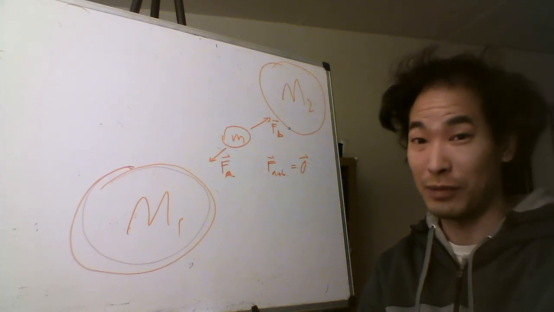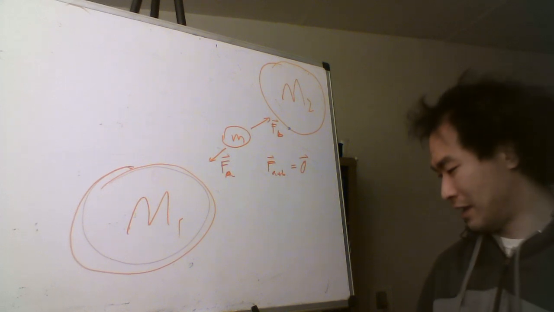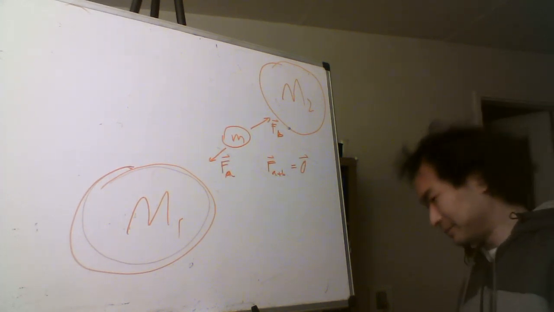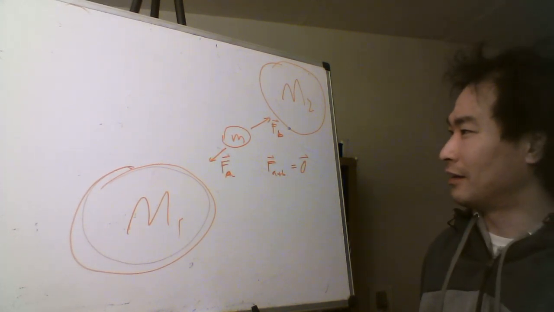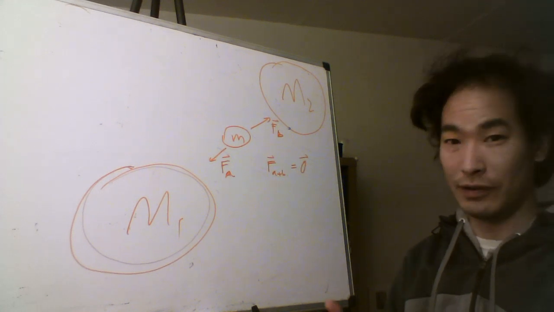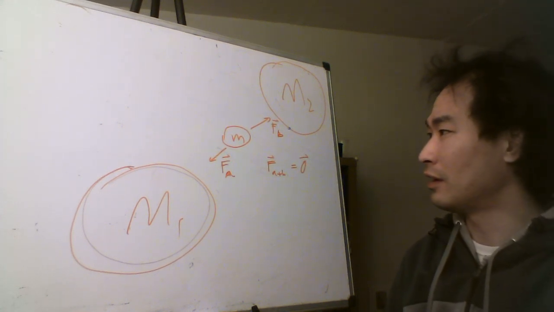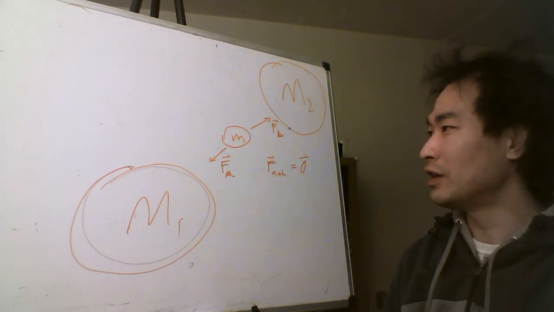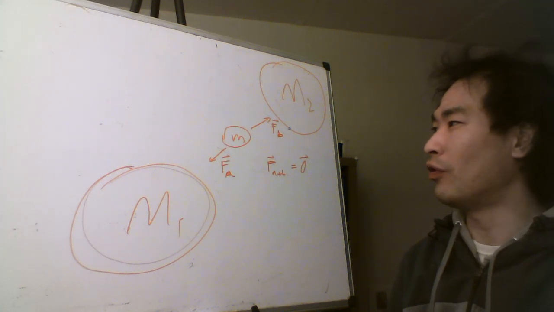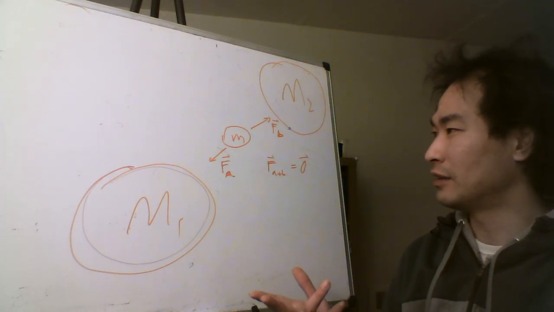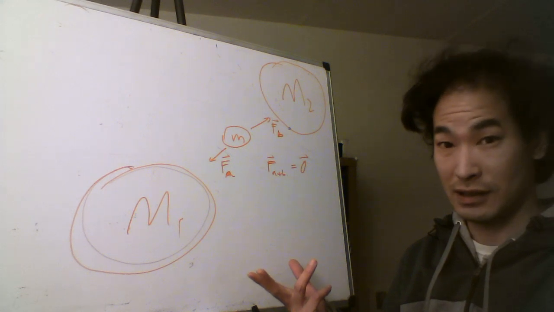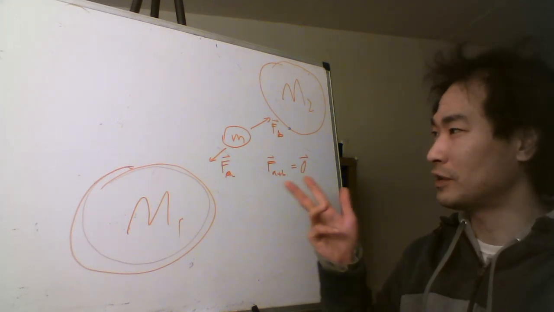I think it's time to take a break. Okay, so let's take a break. The question I'm going to leave you with in this break: how should we formulate stress in this two-dimensional space?